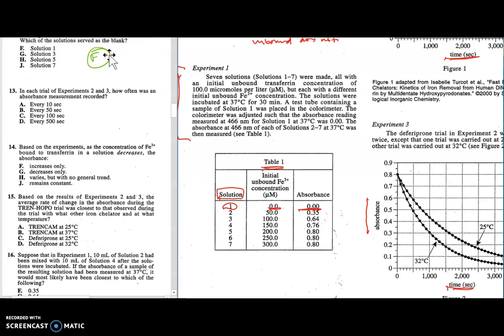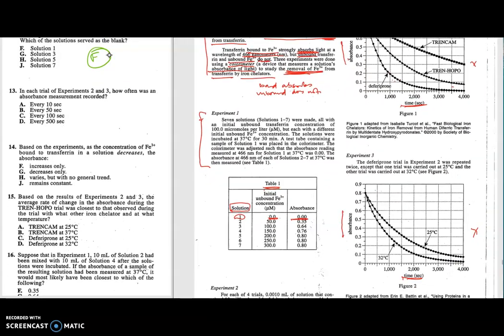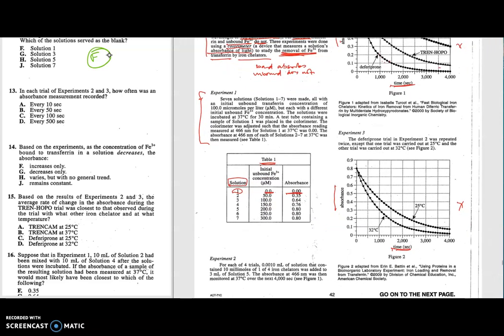In each trial of experiments 2 and 3, how often was an absorbance measurement recorded? If you don't know, this is a handy thing to know, because it does come up in a few questions.